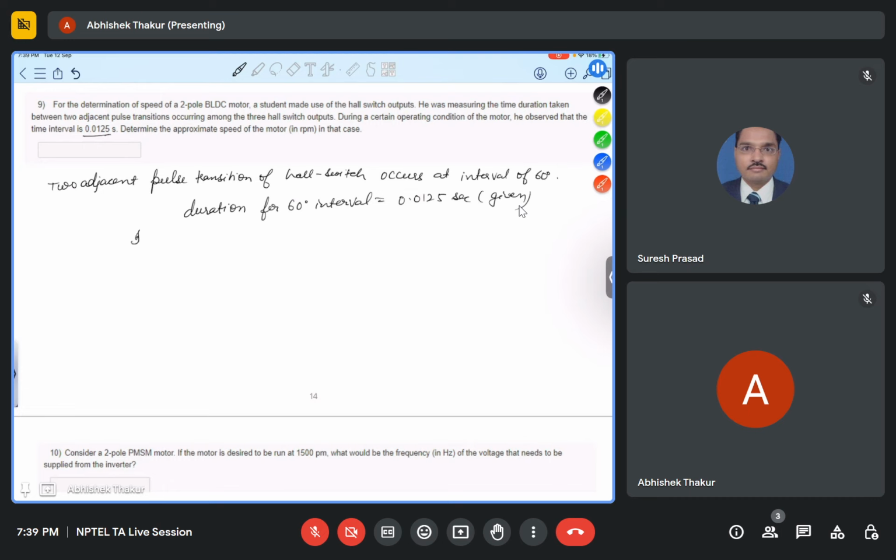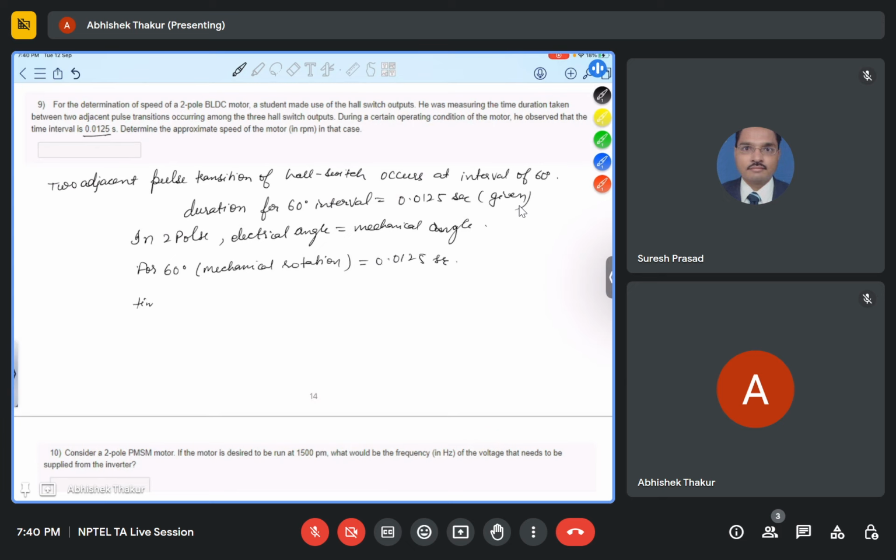So in a two-pole machine, one mechanical revolution is equal to one electrical revolution, so the electrical angle is equal to the mechanical angle. So for 60 degrees of mechanical rotation, it takes 0.0125 seconds.